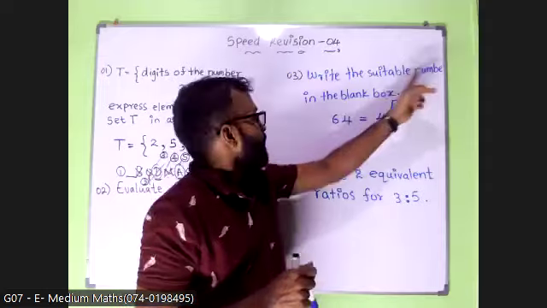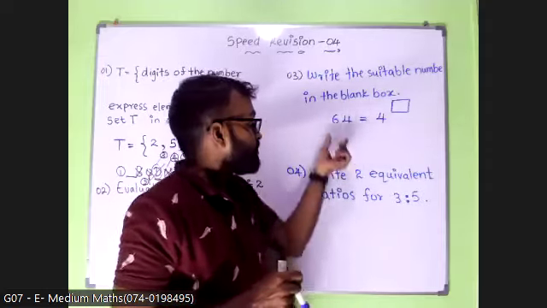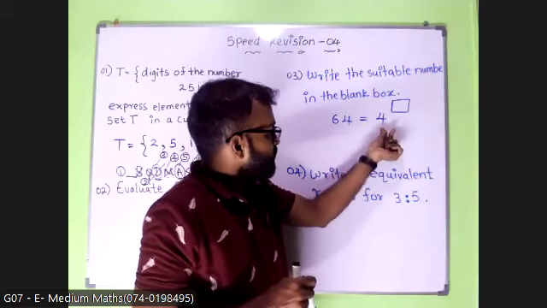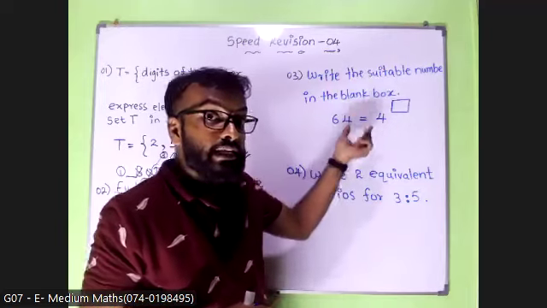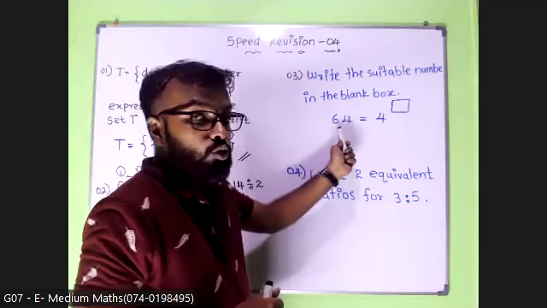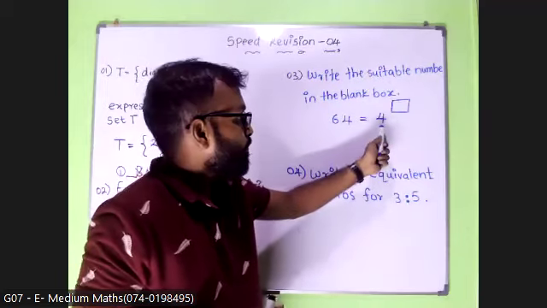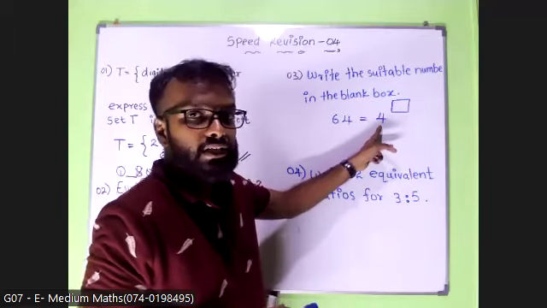Write the suitable number in the blank box. 64 equals 4 to the power something, right? Indices lesson. So how do you write 64 as a power of 4? Base number is 4.